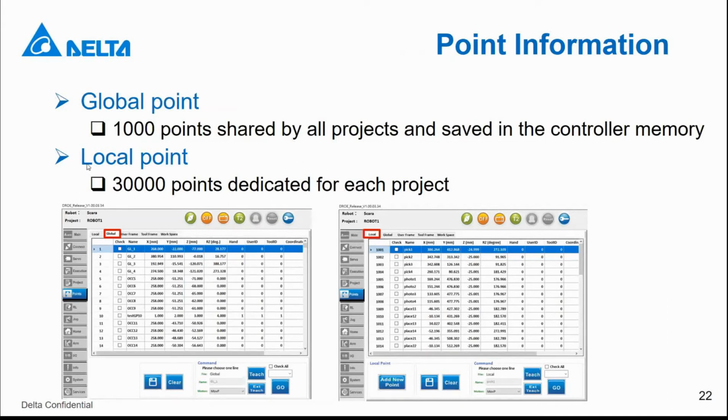And the yellow one, local point, it can store up to 30,000 points. It's a lot more, but these points are only stored in the project. So it means only the project itself can read these points.